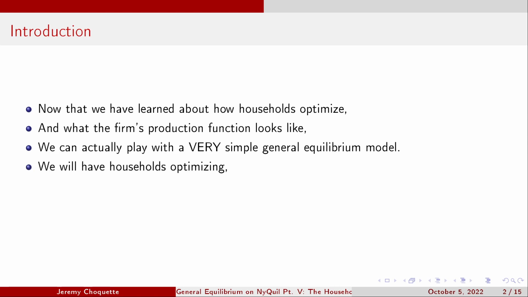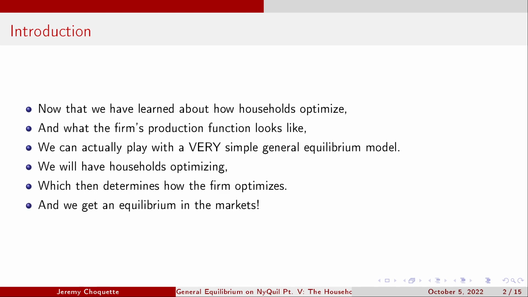So we've got households optimizing, just like you saw before. And because they're choosing their consumption savings path, you're going to be able to see how the firm actually optimizes as well. And when we have both the household and the firm optimizing, this is happening simultaneously.